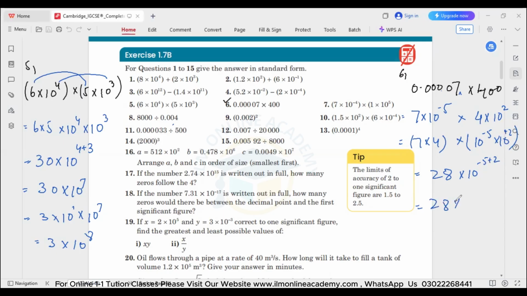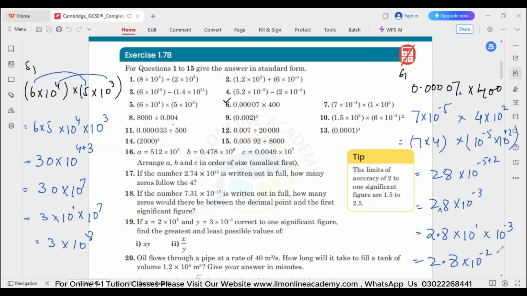So 28 times 10 raised to the power negative 3. As we have 28, just make it standard form, writing it as 2.8 and 10 power 1 along with that, because after the decimal point we have only one number, and writing this 10 power negative 3 as it is. So negative 3 and positive 1 again you need to add, and it will be negative 2. Okay. So this is basically the answer in the standard form for part number 6.